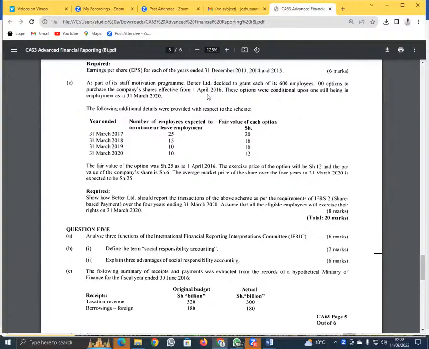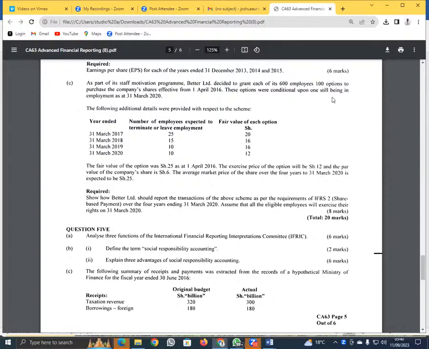Question number 4C, November 2016. Great. So we are told as part of its staff motivation program, Better Limited decided to grant each of its 600 employees 100 options to purchase the company's shares effective from 1st April 2016.